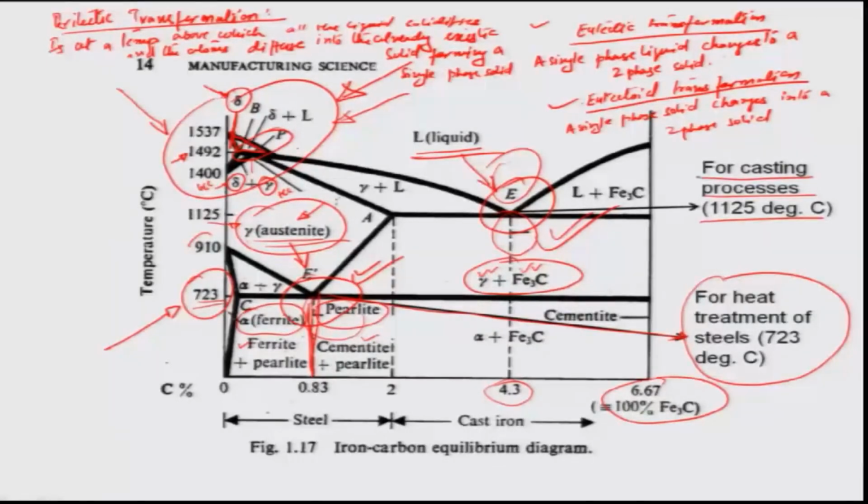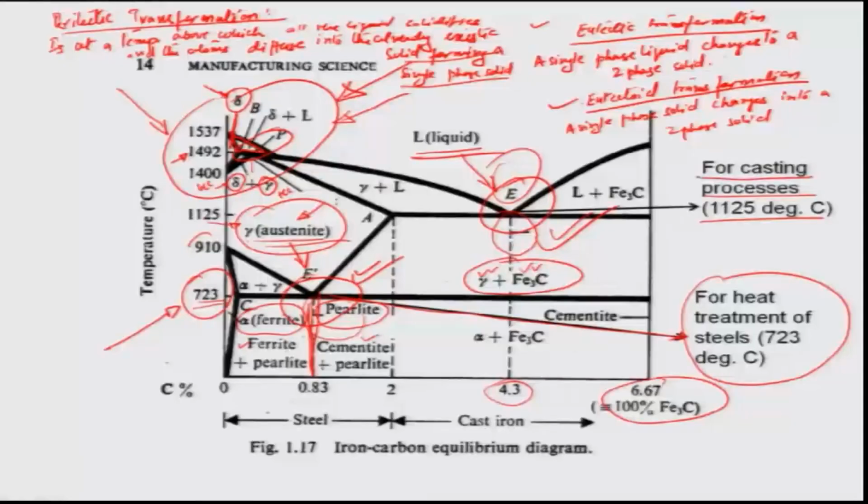So, whatever is happening to the gamma structure, it is sort of reorienting itself towards the BCC from the FCC structure. Okay. So, you are formulating a single phase solid above this temperature, and below this temperature it is always a two phase solid. So, basically from a two phase solid to a single phase solid in terms of the structure is converted when we talk about the peritectic point.